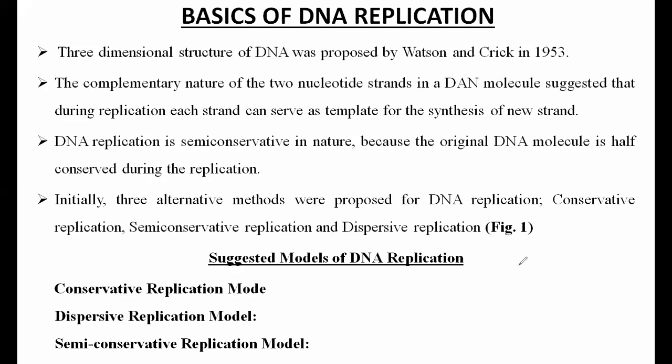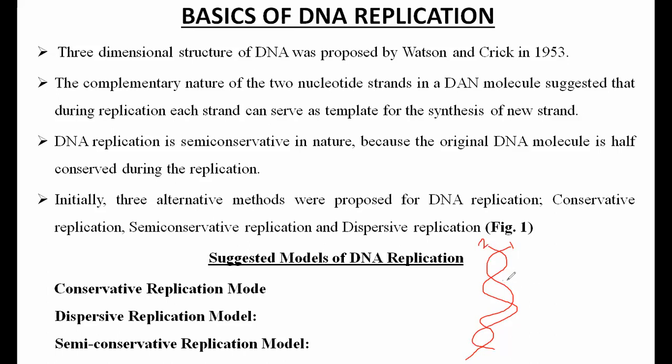Now look here. I am trying to explain to you the basics of DNA replication. Before I go into the replication mechanism, you should have something clear. See, if this is a double-stranded DNA, this is one strand and this is two. This is normal DNA.